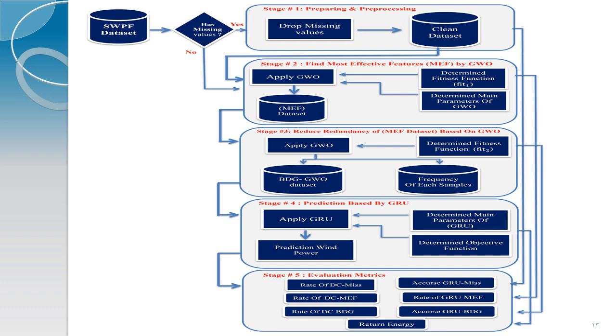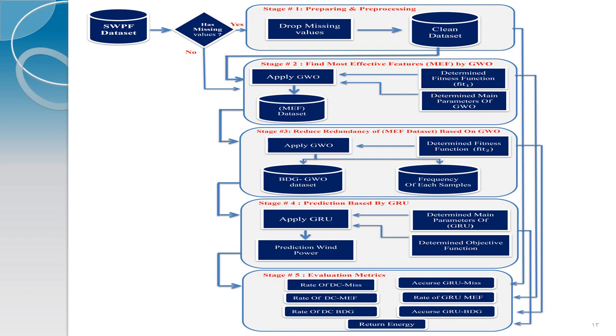The resulting data will be stored in a buffer and called the buffer of different group dataset, and in another buffer we will store the frequency of each sample.